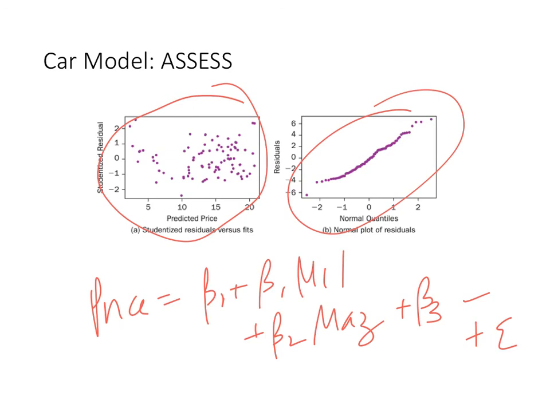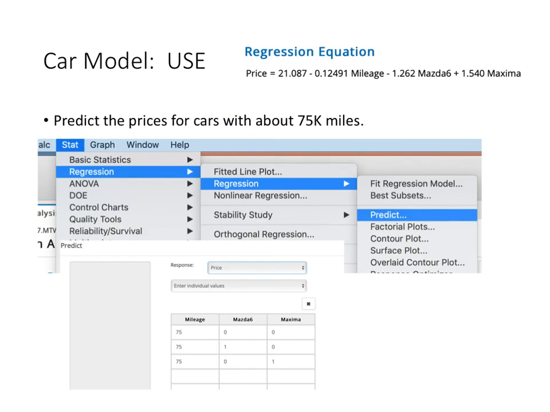So it looks like we can use this model to do some hypothesis testing or confidence intervals. So our model is just going to predict price based on mileage and the type of car, and that's it. We've deemed this to be our best fit model, if you will.